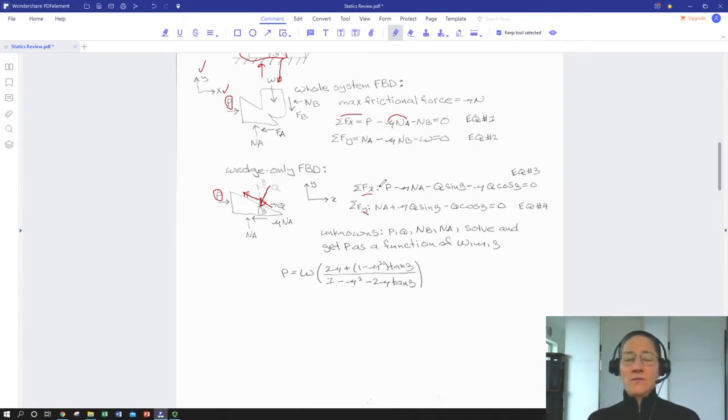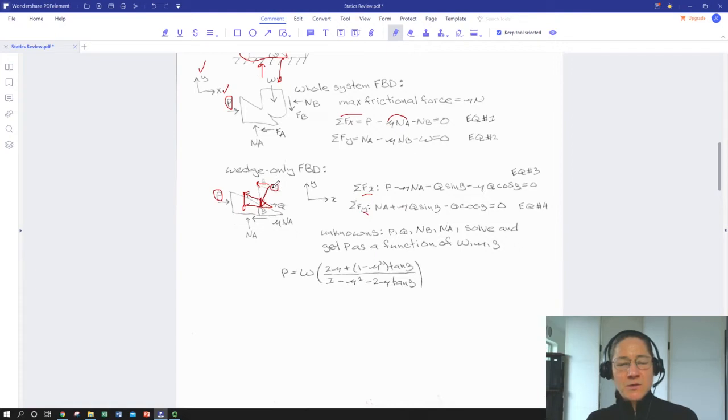So we've got that in terms of X. We have P working in the positive X direction, mu times the normal force at A acting in the negative X direction, and then we have Q sine beta acting negative X, and then we have the cosine of mu Q acting in the negative X. And hopefully I said Q, not mu Q, for the sine component.